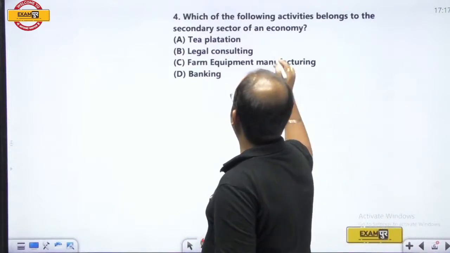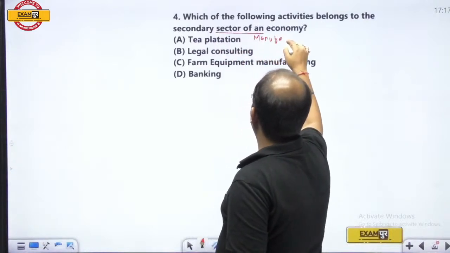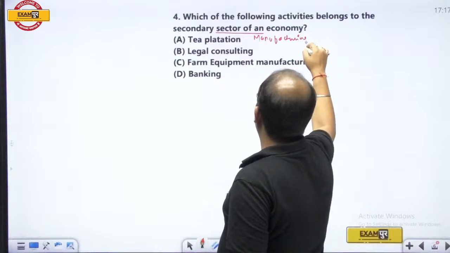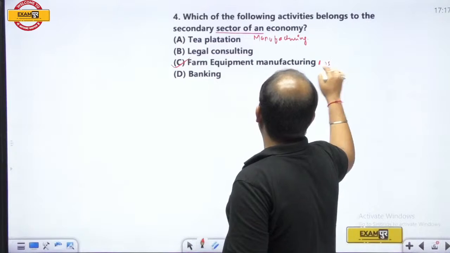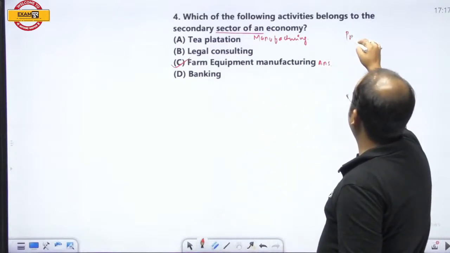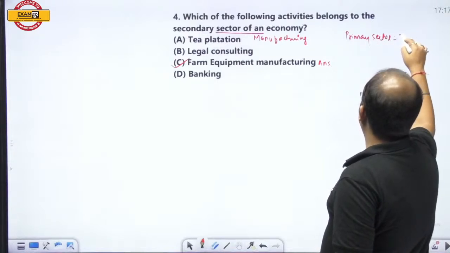First of all, the secondary sector is also called manufacturing. Manufacturing is the farm equipment manufacturing. Primary sector, that will be tea plantation.